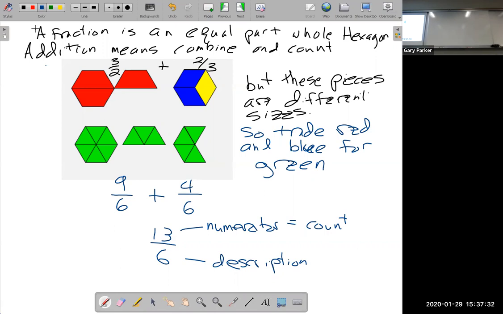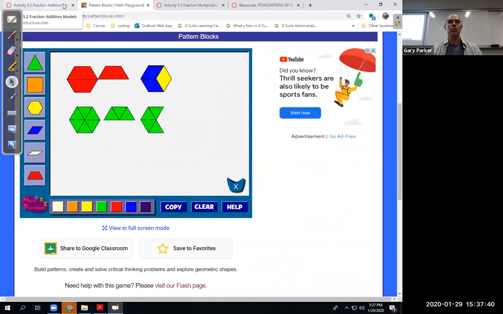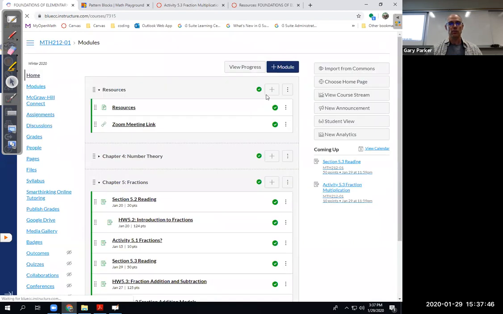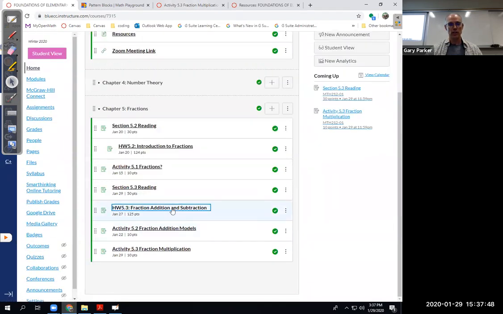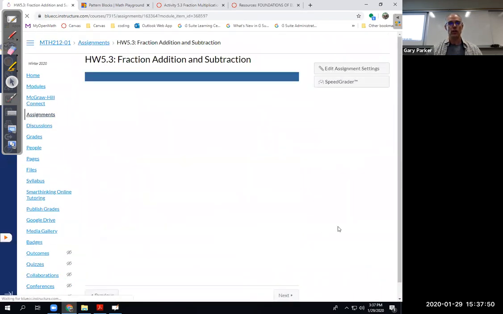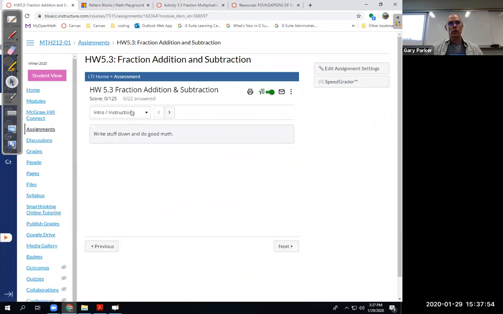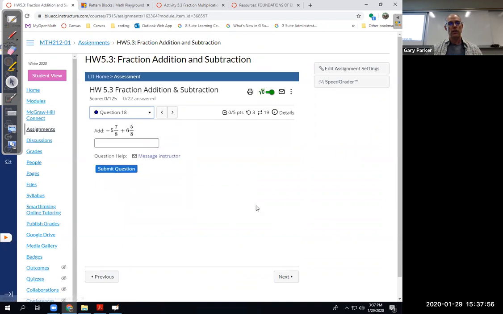Can we do number 18 from the homework? We can try. Let's see, shift desktop, homework. I've got to reload that in a sec. Number 18.